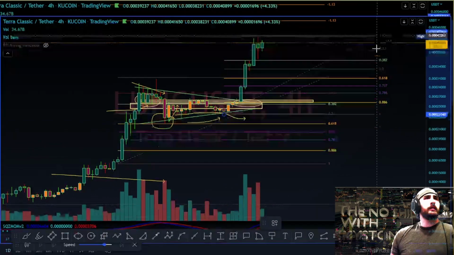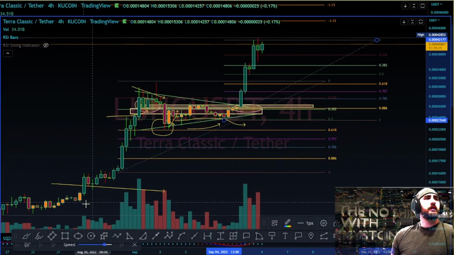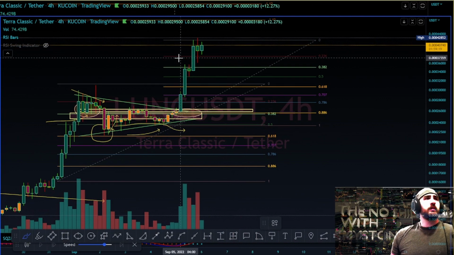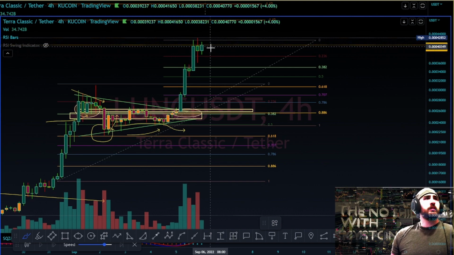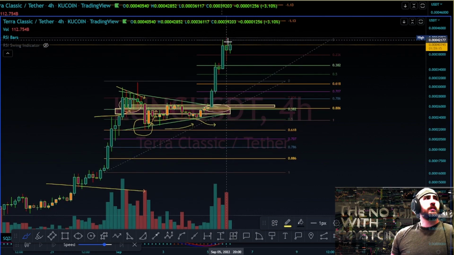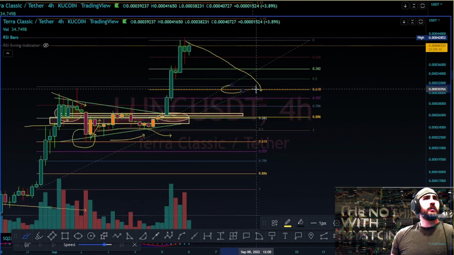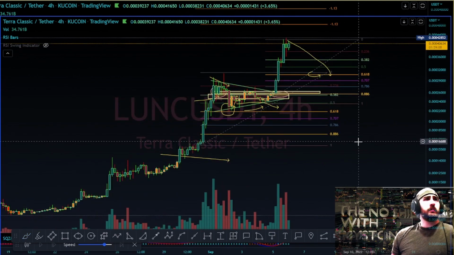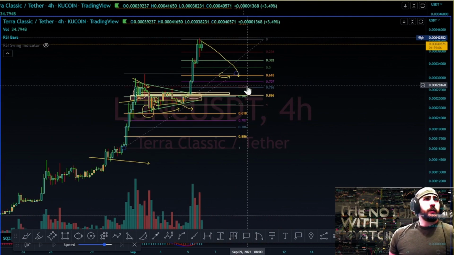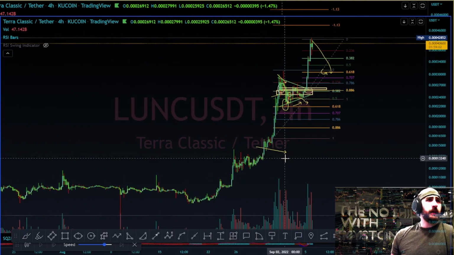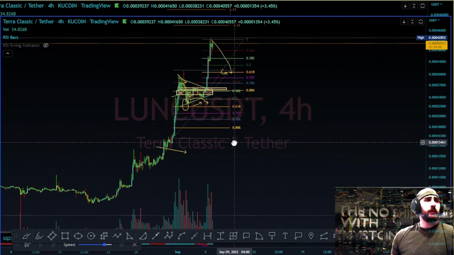So if we were to put our fib here, we'll be looking for a retracement, 382, 618. Right now, I mean, obviously this is a massive move.